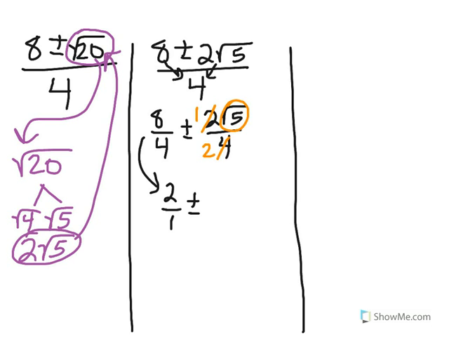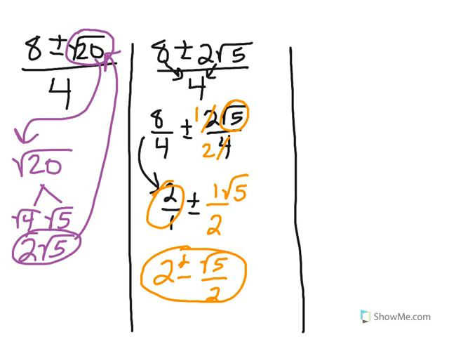It's a never-ending decimal, and it's kind of disguised. So I'm going to write this as 1 over 2 times the square root of 5. And if you wanted to write this a little bit better, you might eliminate that fraction and say it's 2 plus or minus square root 5 over 2. That is okay. That's simplified. It's not the only way to write it, but it's one way.